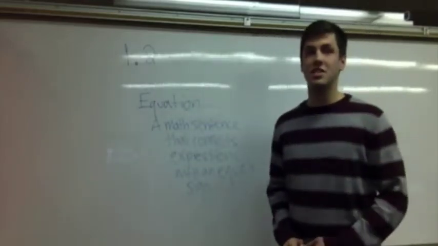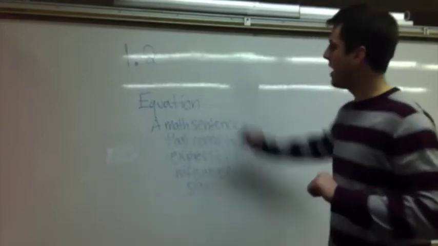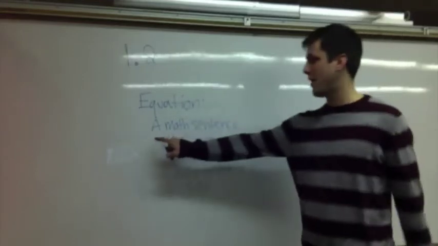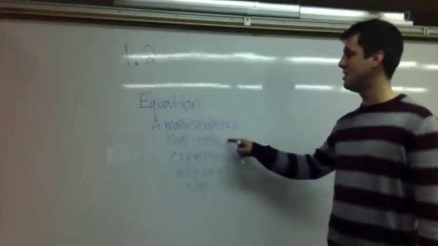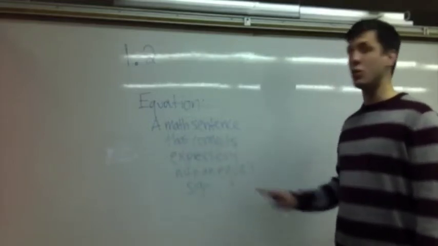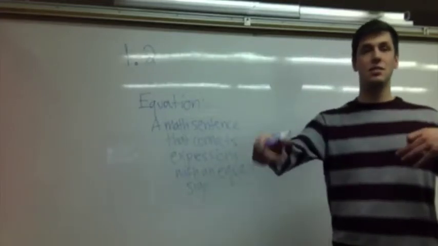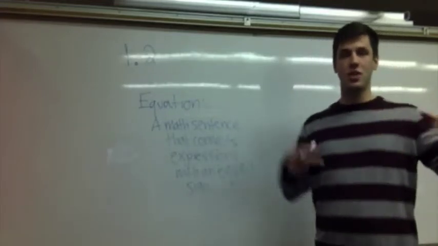All right, lastly, among the terms that we need to learn from this chapter is an equation. An equation is, as I have spelled out here, a math sentence that connects expressions with an equal sign. And so an expression is numbers with operations, or variables and numbers with operations.